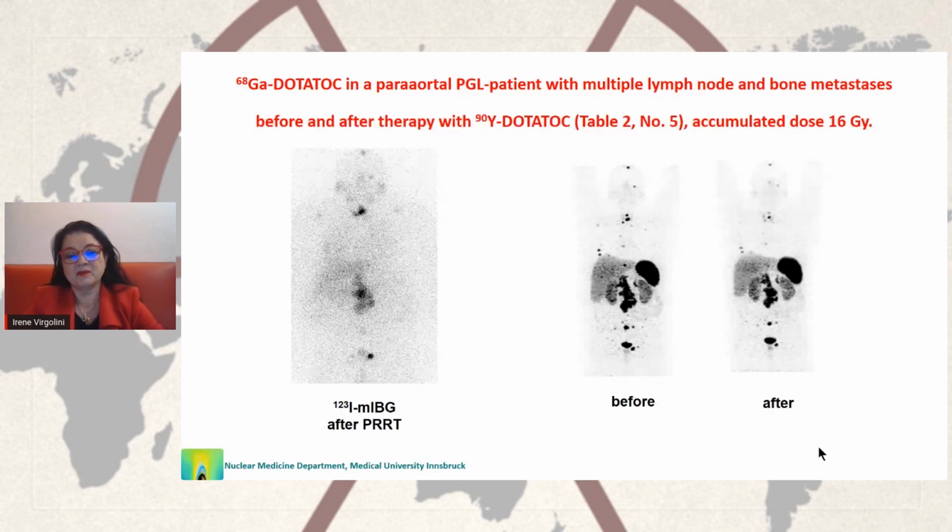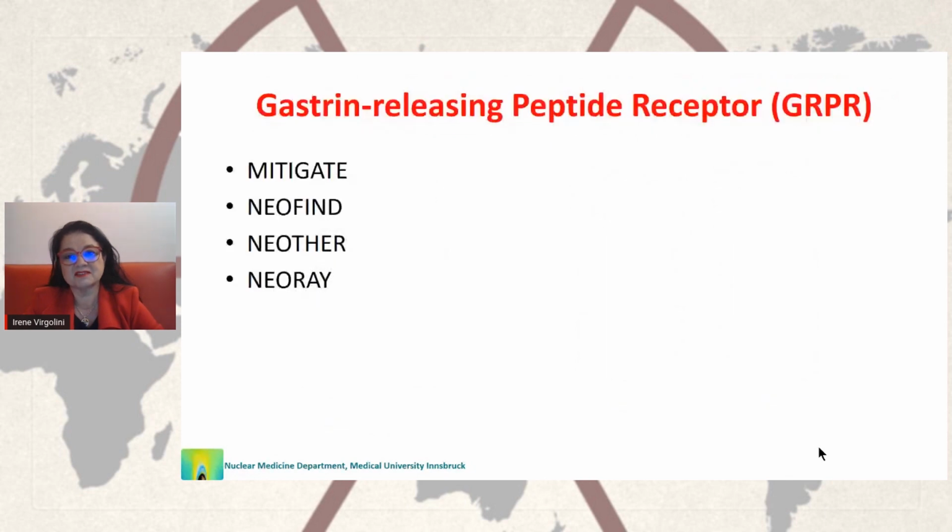But in fact, we do not have a lot of results in patients with pheochromocytoma and paraganglioma, as these patients live long, and they may also live long without treatment. So one has to be very careful in considering any radionuclide therapy in these particular patients.